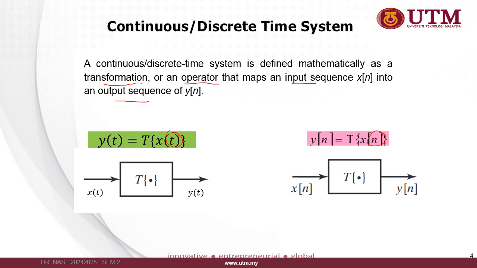If you have an input signal as x(t), the signal being transmitted into a system, so the signal is processed or transformed, the capital T represents the transformation. So then the output is generated. Same goes to the discrete time system.